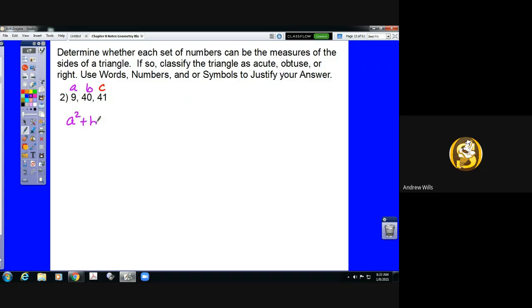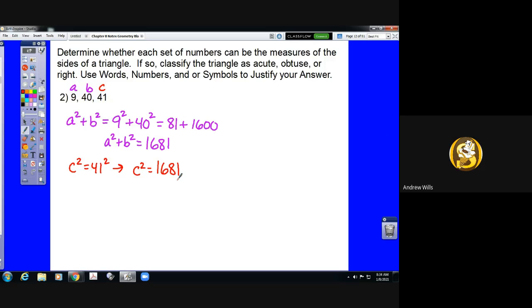What is a squared plus b squared? We do 9 squared plus 40 squared, which is 81 plus 1,600. That would be 1,681. That would be a squared plus b squared. Okay? Then we turn around and we say, all right, c is 41, so c squared is 41 squared, which means c squared is 1,681.